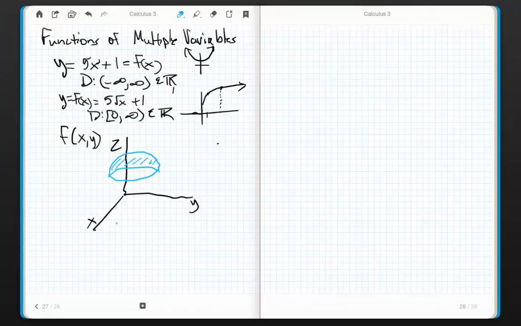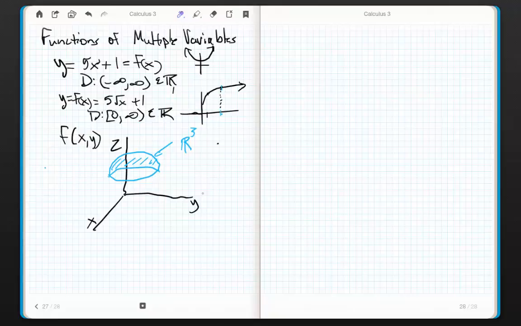Well, what's going on down here in the xy plane? Remember, we grabbed a point and dragged it down to the x-axis, and that was the corresponding x value. Well, we have a set of points now. This guy lives in R3, right? He's three-dimensional. That's what that means. Now, what's going to happen down in the xy plane?